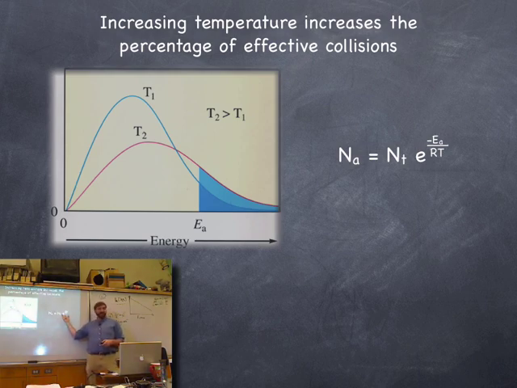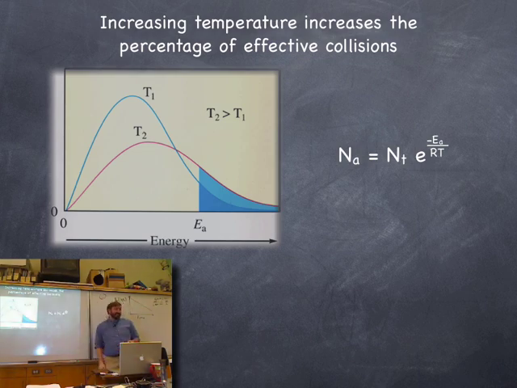This activation energy factor is e, the natural number, 2.7 something or other. So e raised to the negative activation energy divided by RT.